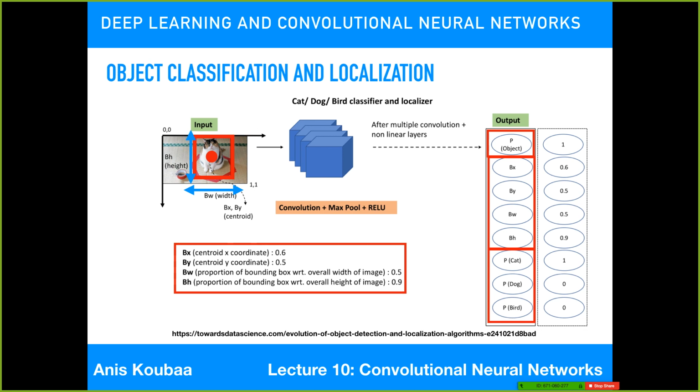And now for every input image, when we input an image for an object classifier and localizer, it's going to take the image, the class, and also the bounding box. So it's going to learn how to make bounding boxes for unseen images in the test data set. So it will not only learn the class, but it will also learn how to make a bounding box. Yes, it will give different results and a different accuracy.